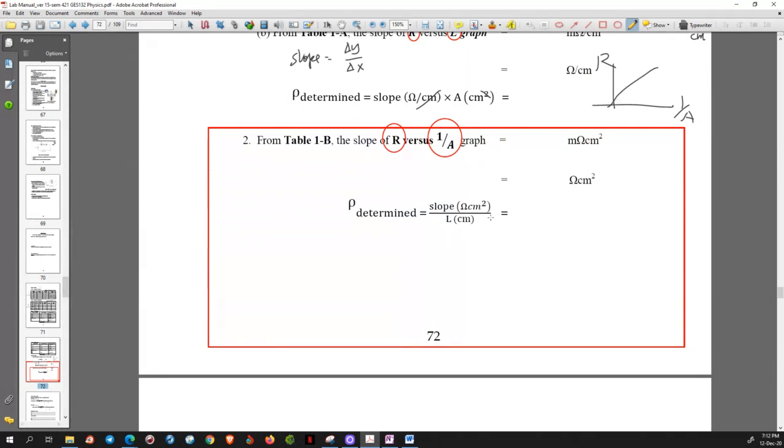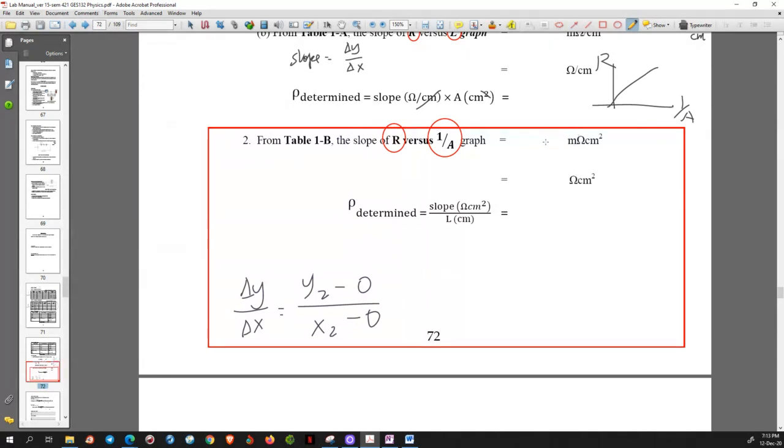That means to find the slope, what's the rule for the slope? Delta y over delta x. You can simply get y2 minus 0 over x2 minus 0. Your slope will be, again, milliohm by centimeter squared, because that's the result of the calculations. You have to remove milli by 10 raised to minus 3.